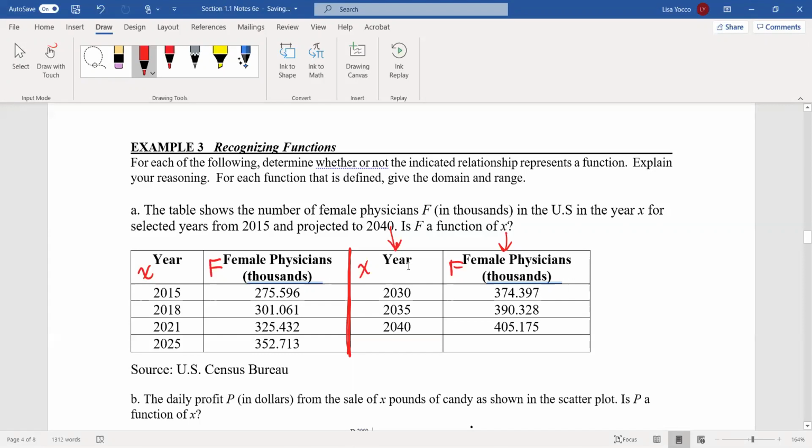All we're asking here is, is F a function of X? If so, which of X or F is the input?